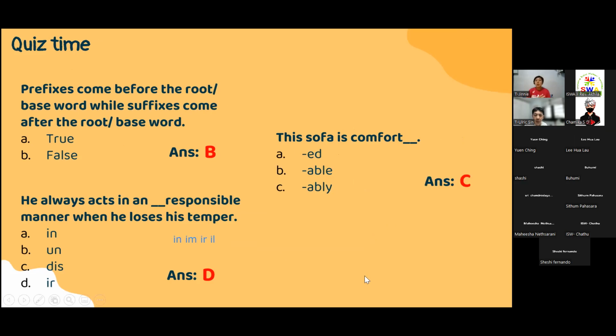Why is it not comforted? Comforted is when somebody speaks to you and makes you feel better. You feel comforted. And then comfortably is an adverb. It describes how you feel.